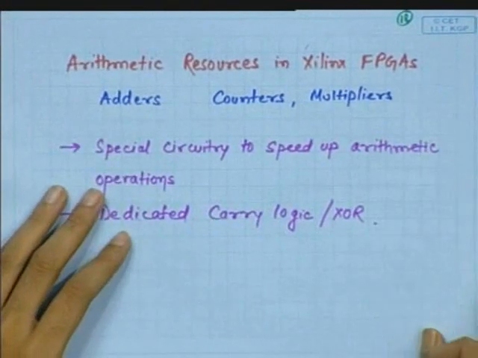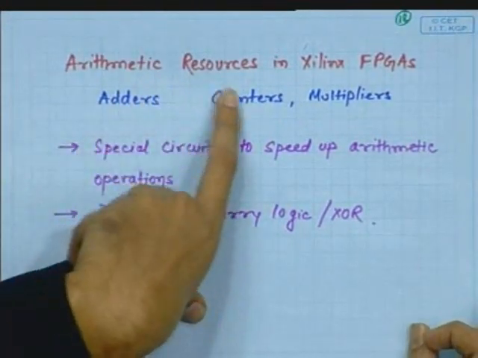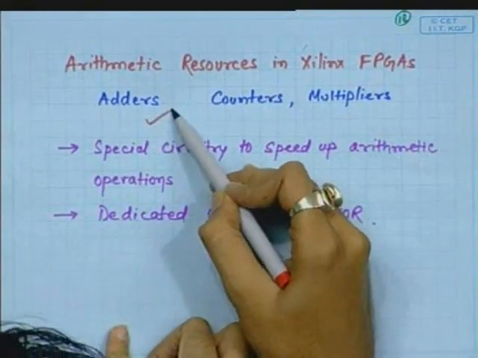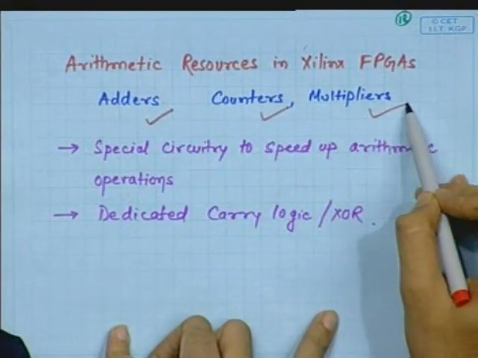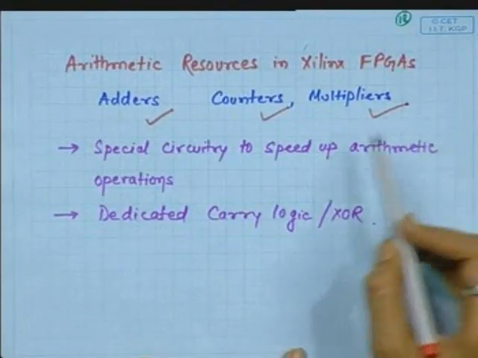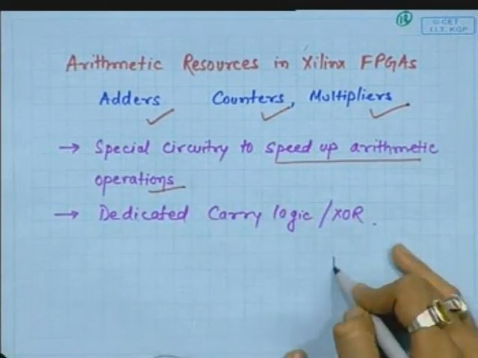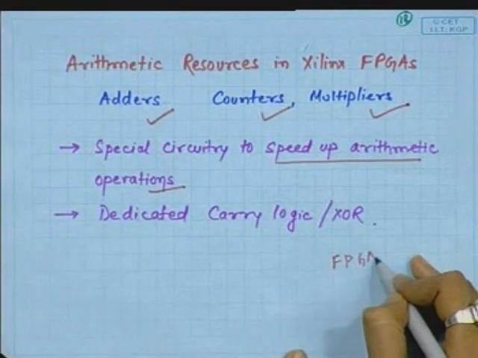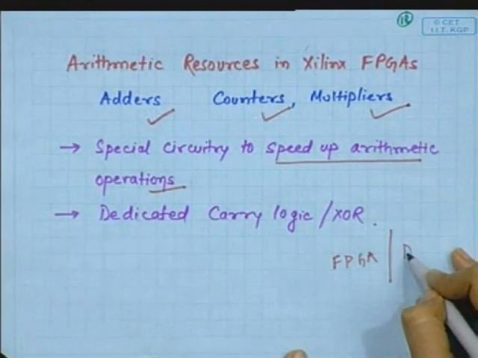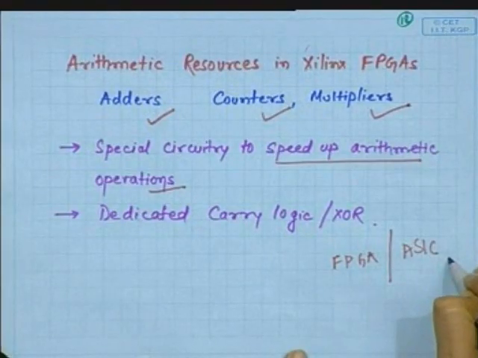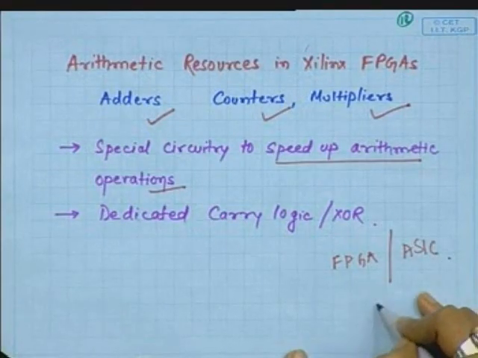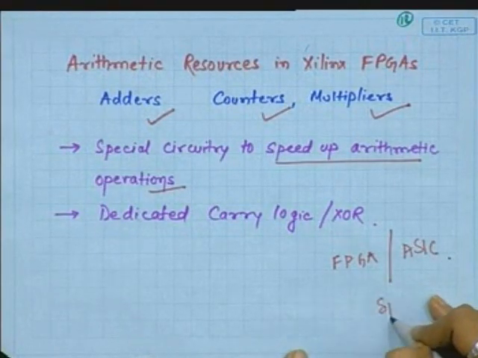Now besides this, there are some arithmetic resources such as adders, counters and multipliers. Why are they required? It is to speed up arithmetic operations, because nowadays FPGA has to compete with ASIC. So the main field of competition is speed.